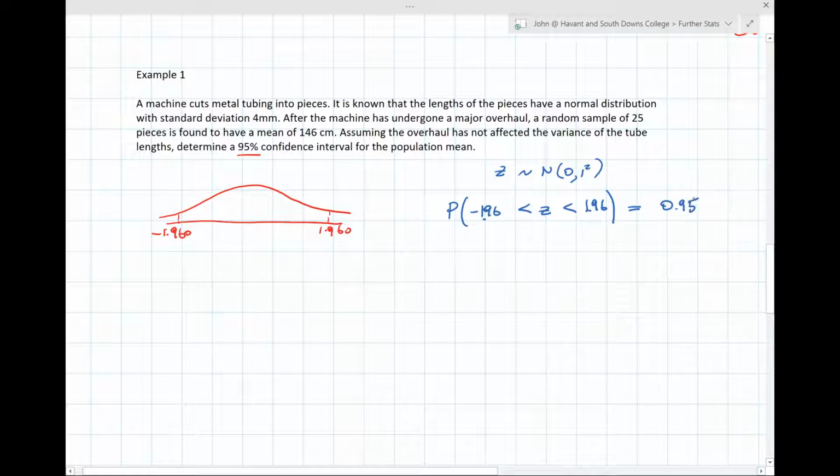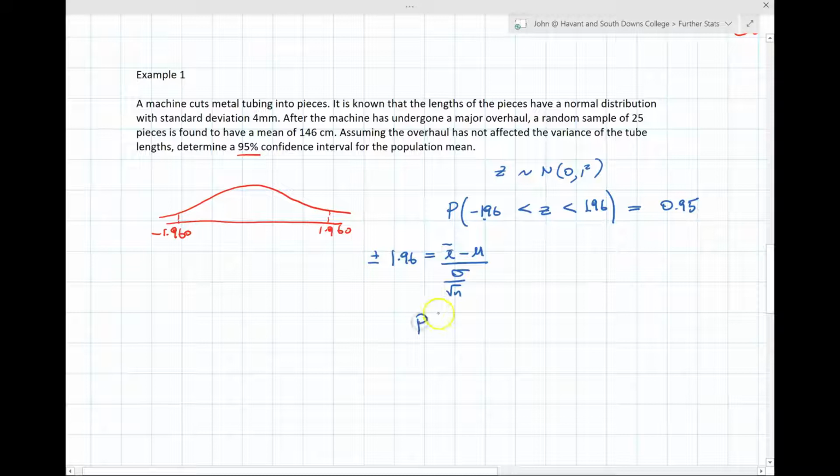Basically we use a Z value of plus or minus 1.96 and put it into the transformation, which is x bar minus mu over sigma over the square root of n, which means we can write mu as the subject of the formula.